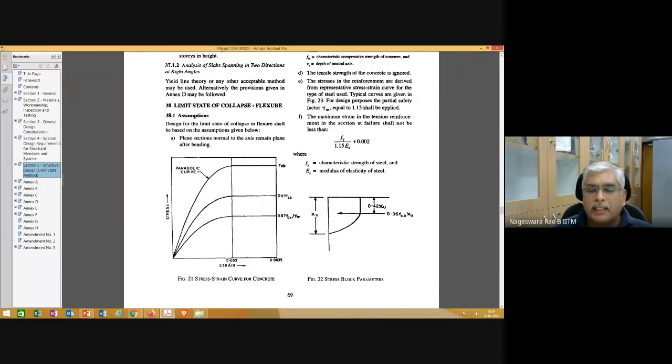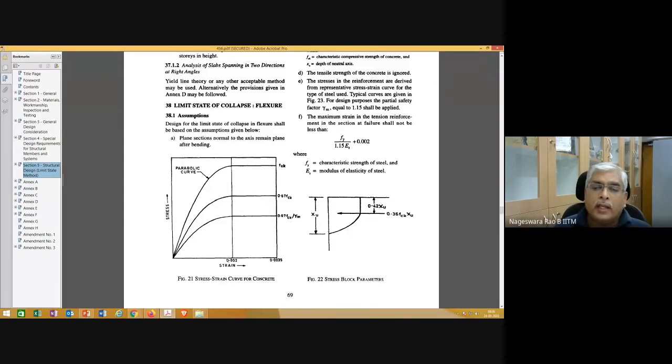That is, the distance from 0 strain to 0.002 divided by the distance from 0 to 0.0035 turns out to be 4/7. And also the distance between 0.002 and 0.0035, compared to the distance between 0 and 0.0035, turns out to be 3/7. Those two ratios you need to keep in mind.